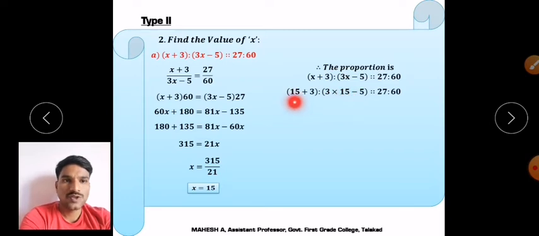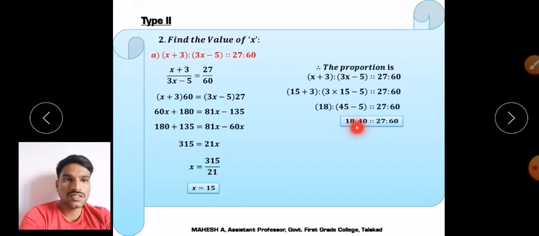That becomes 15 plus 3 is to 3 into 15 minus 5 is equal to 27 is to 60. 15 plus 3, 18. 3 into 15, 45 minus 5. So that 18 is to 45 minus 5, it is 40. 27 is to 60. So this is how you should calculate when two x are present.